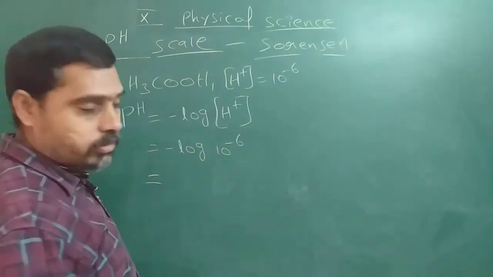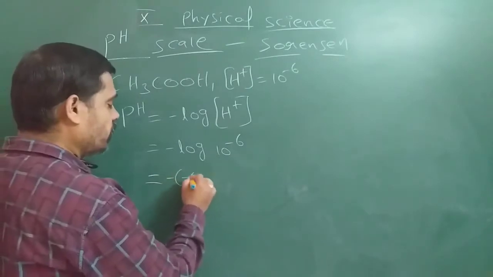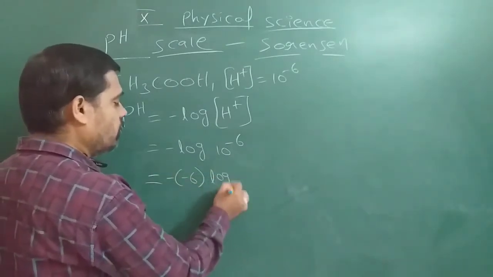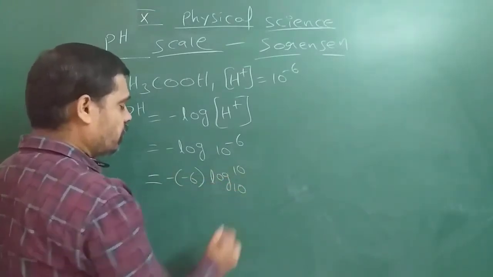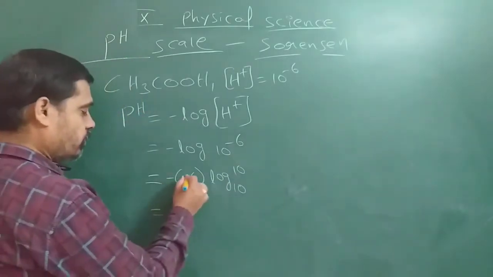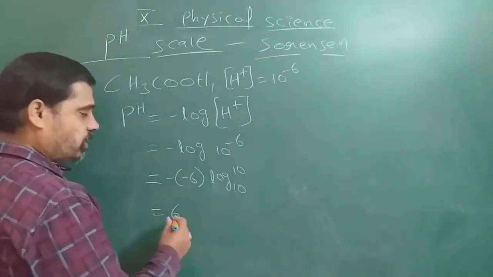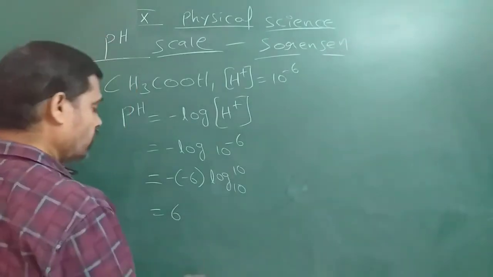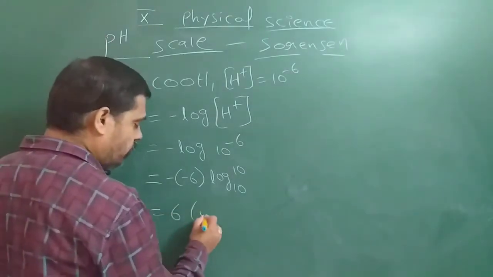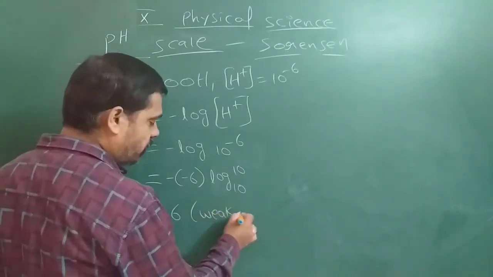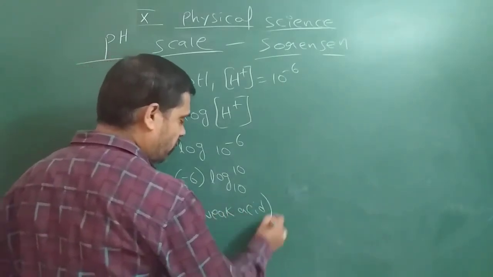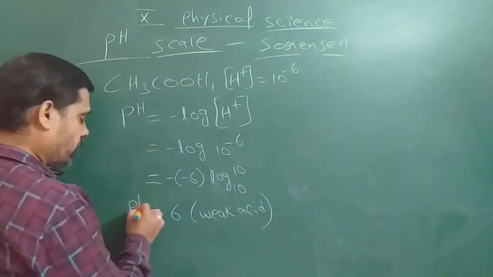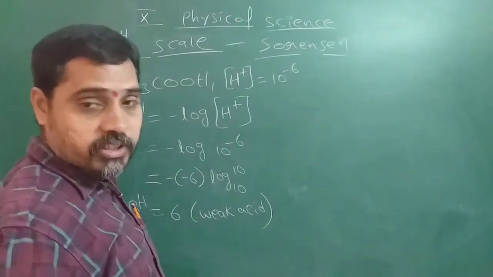Then minus of minus 6 log 10 base 10. Then what do we get here? Minus into minus, plus 6. 6 means it is a weak acid. So acetic acid is also a weak acid.